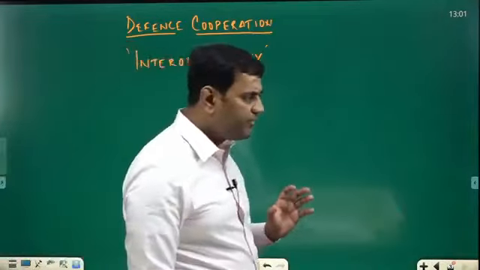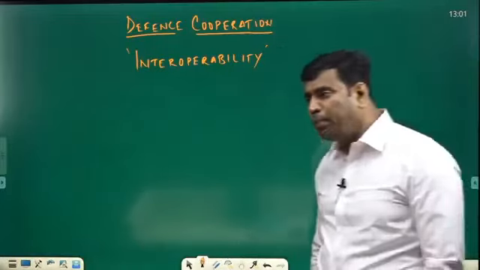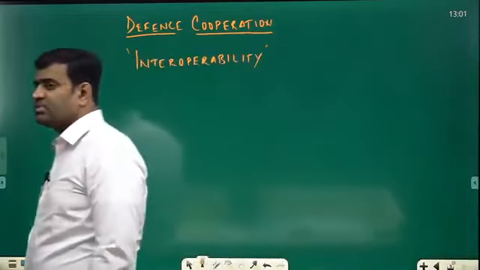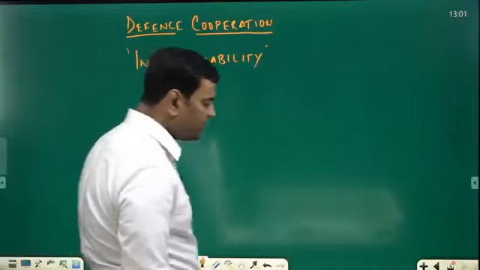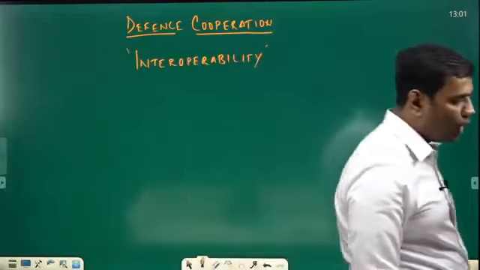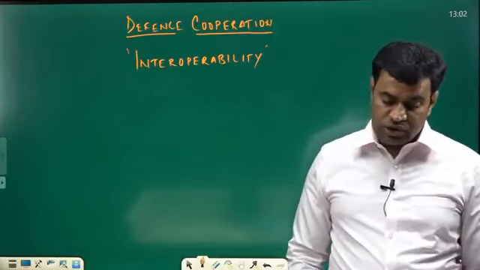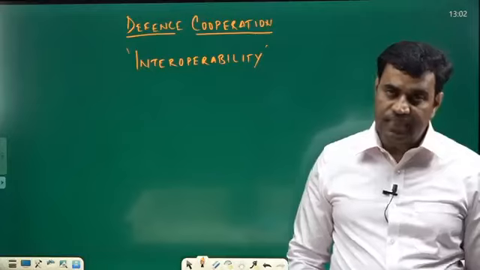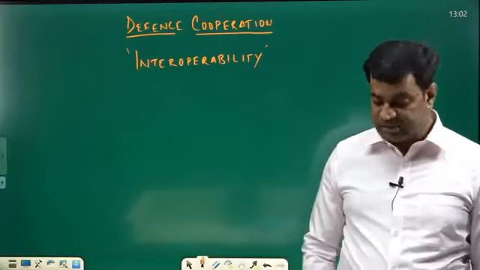Besides, focus was given on co-production of defense equipments, not only buying and selling. Clear?